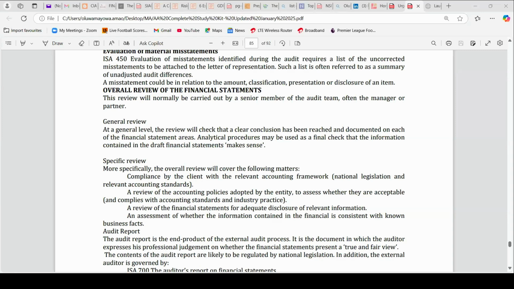After identifying all these misstatements, ISA 450 says the auditor should look at the total of all the misstatements. Is it close to 500 naira, or is it even 500 naira? If the total of the misstatements is close to the materiality set, or is even above it, the auditor will need to look at whether he should adjust or revise his audit strategy.